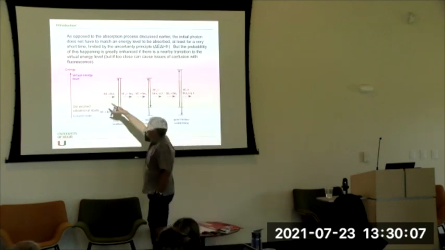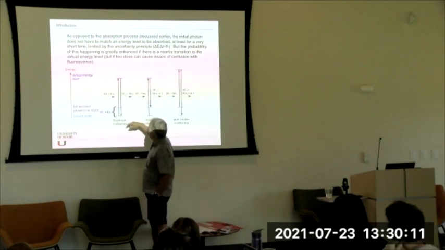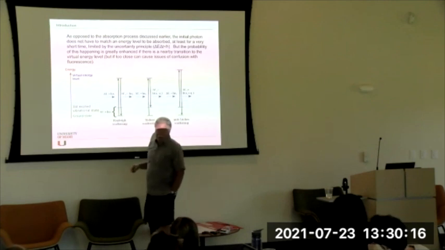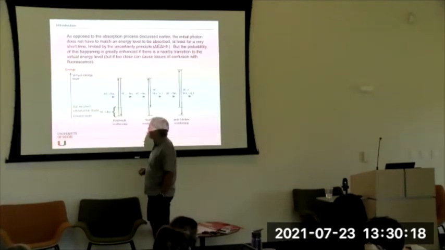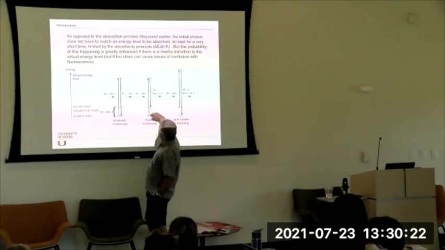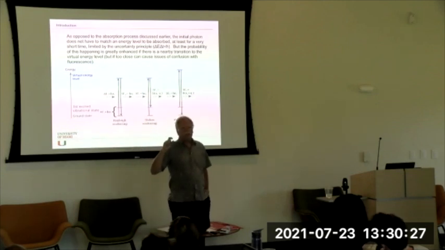But you get this virtual energy level. Rayleigh scattering is when the light comes in and goes out with the same energy, so no change. Raman scattering leads to a Stokes scattering, where light goes in and comes out with less energy.